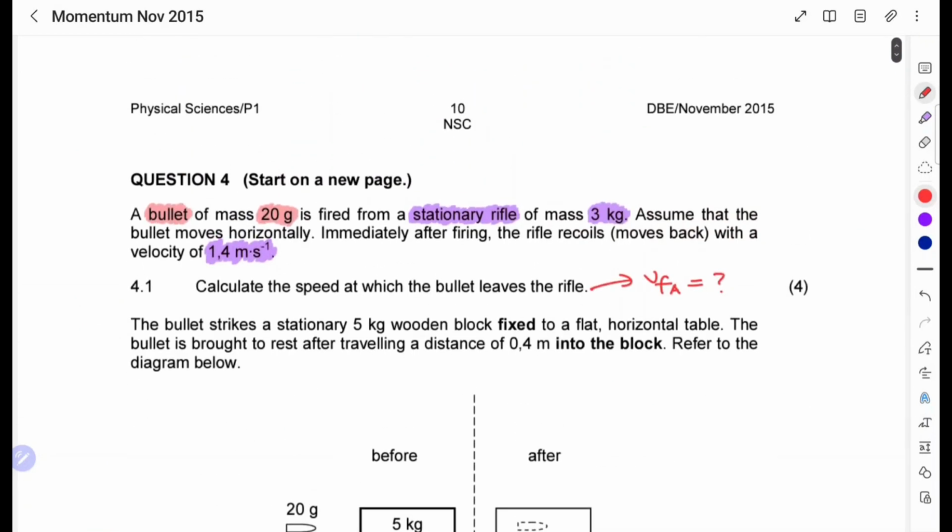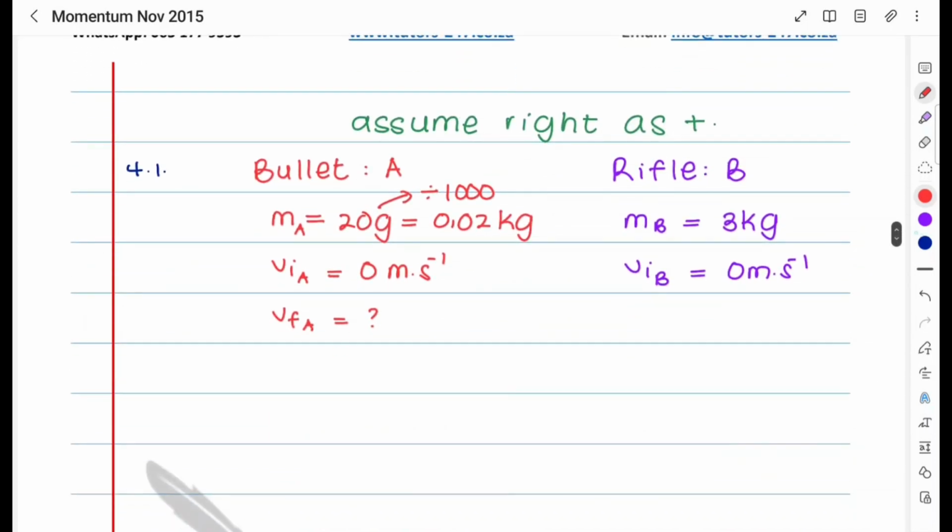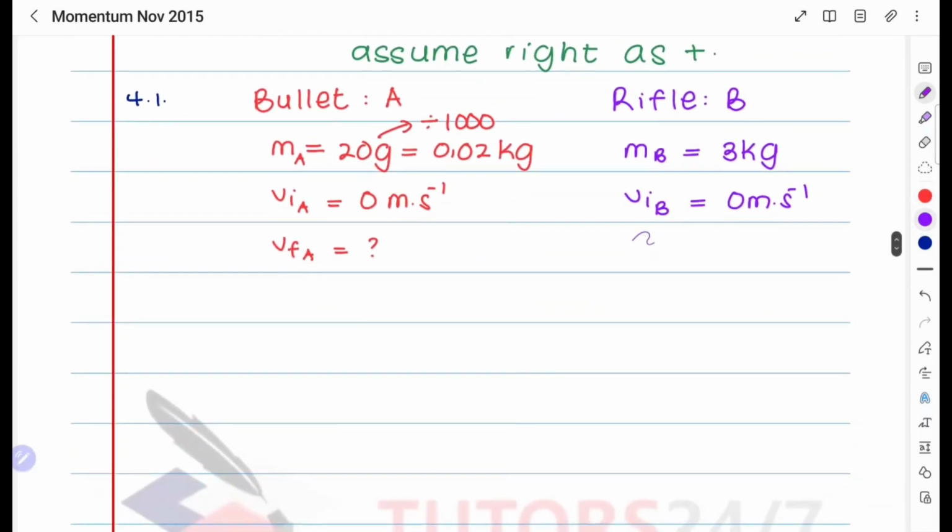And keep in mind, the rifle recoils, so it moves backwards with a velocity of 1.4 meters per second. So because it is moving in the opposite direction to what we are assuming as positive, it's moving backwards, or you could say moving to the left, that 1.4 is going to be negative. So here we can say that the final velocity of B is a negative 1.4 meters per second.